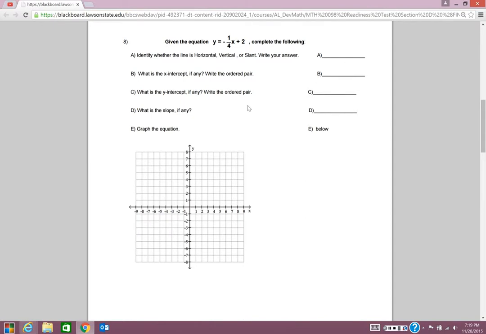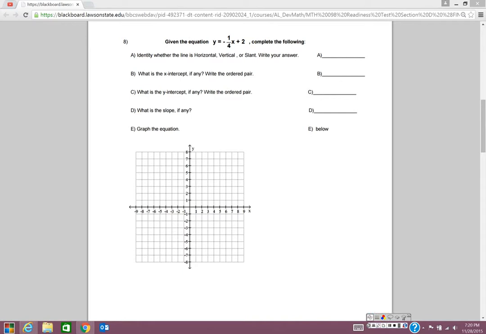So let's get started. If you look at the equation for number 8, what form is that? That form is called slope-intercept form, because you have your y equals mx plus b form. Since they already put it in slope-intercept form, you should already know what the slope is and what the y-intercept is.